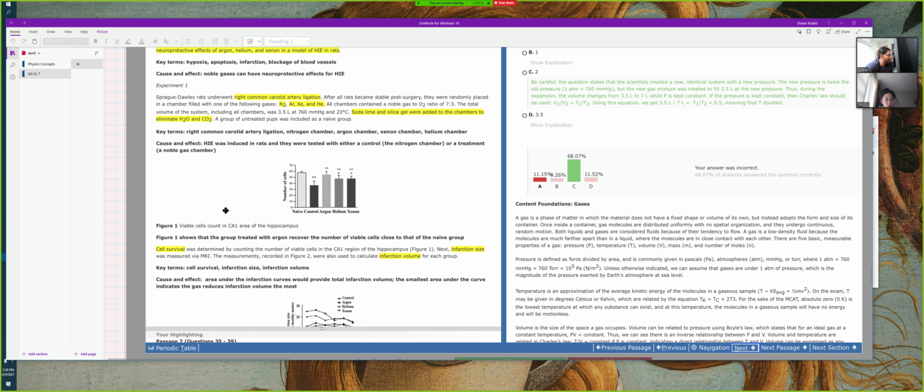Okay, untreated. Okay, the control. What's the control then? I see. So the control is just nitrogen gas. I forgot what the control is.